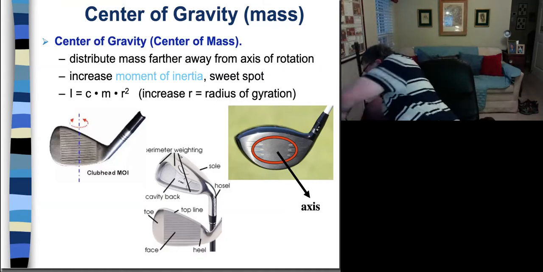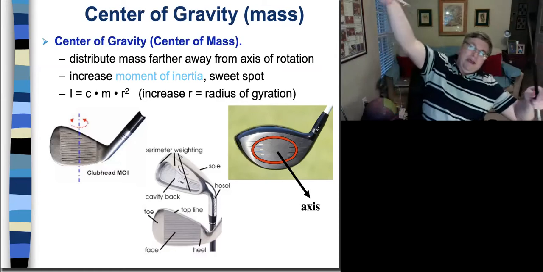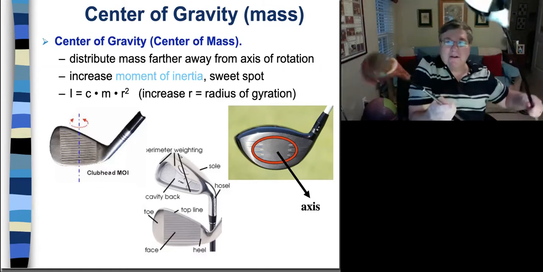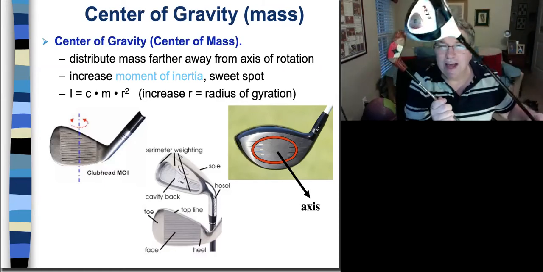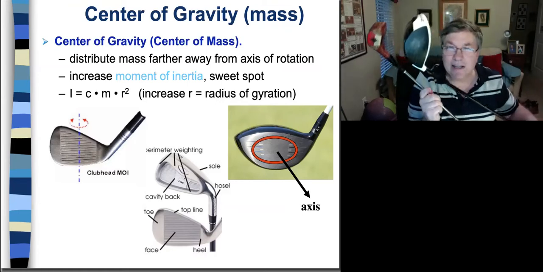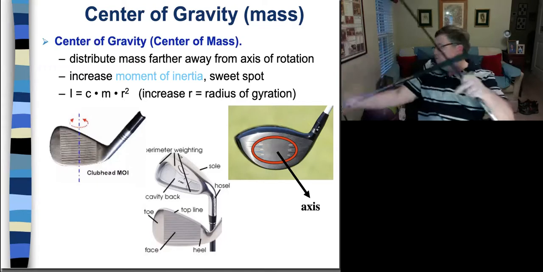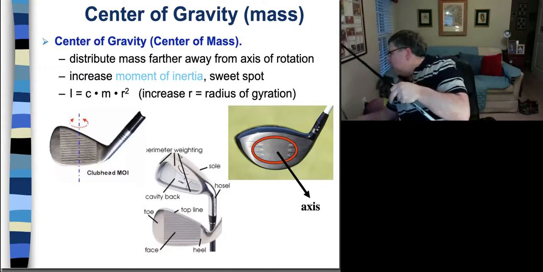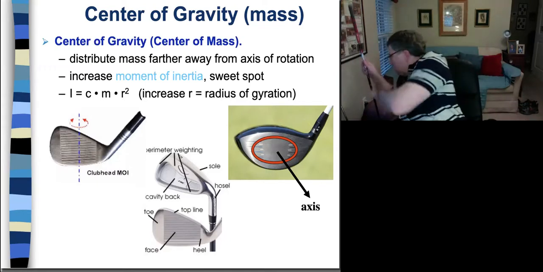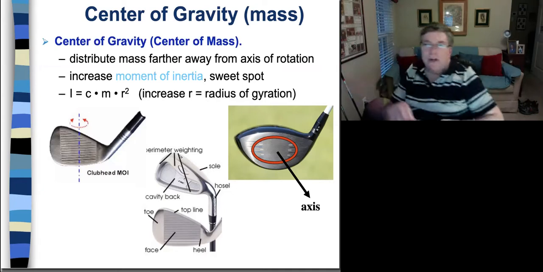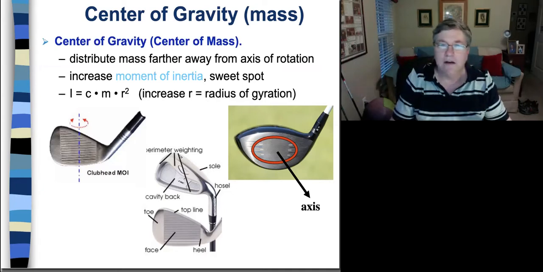As we've gone from a head that's, oh, here we go, really small like that, oh my gosh, to this size. Look at the difference. As we move the mass away from the middle, that increases what we call the moment of inertia. The moment of inertia is actually the product of the mass times some constant based on the shape times something called the radius of gyration.